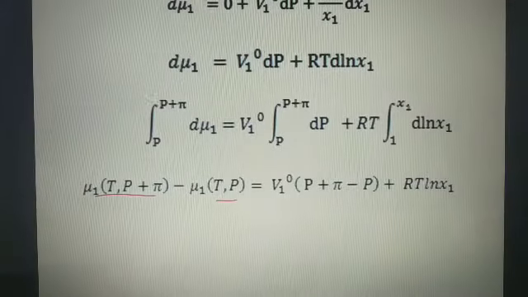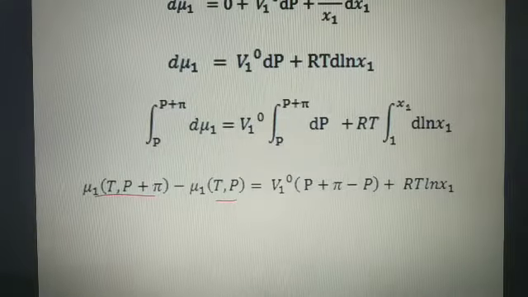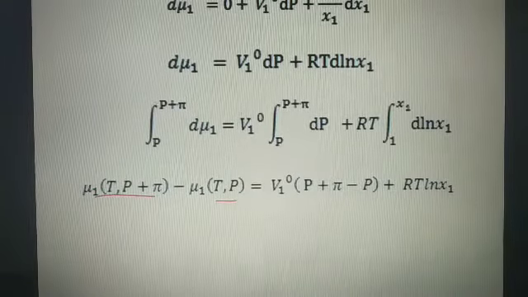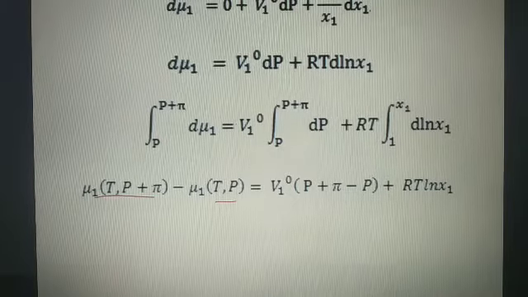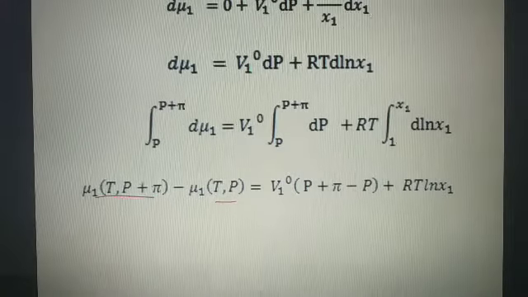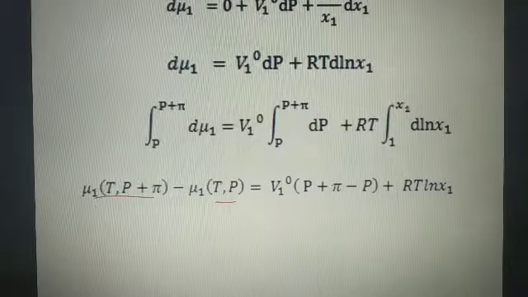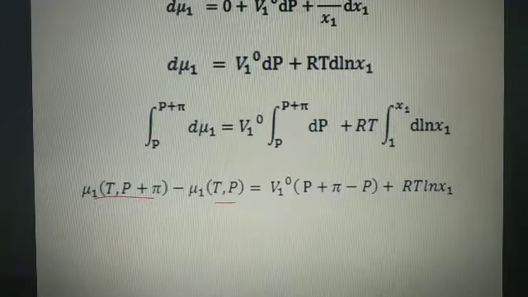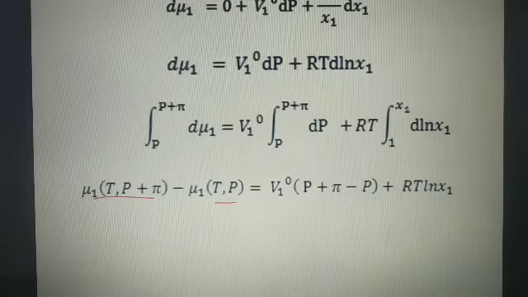That is equal to V1 naught times the upper limit P plus pi minus P, plus RT times ln x1. The upper limit is x1; the lower limit is ln 1, and log 1 is 0, so that is not written here.